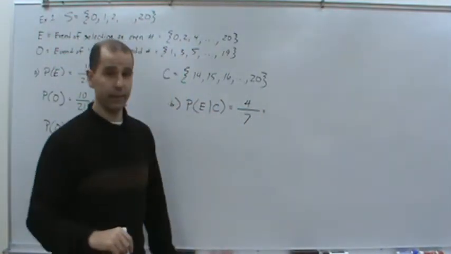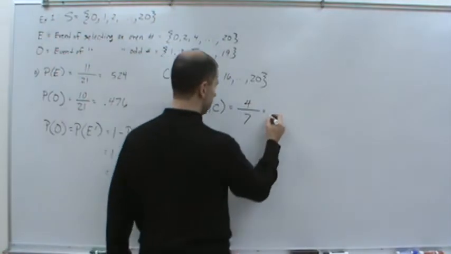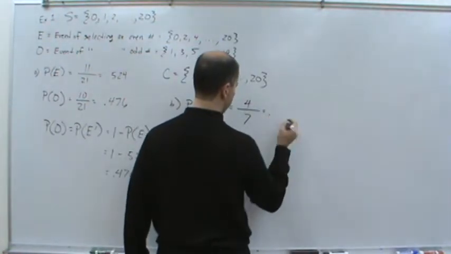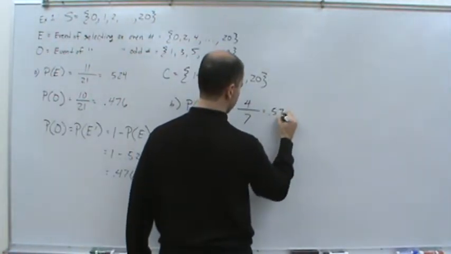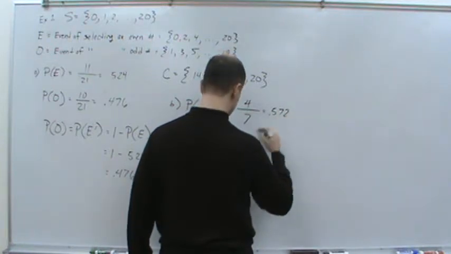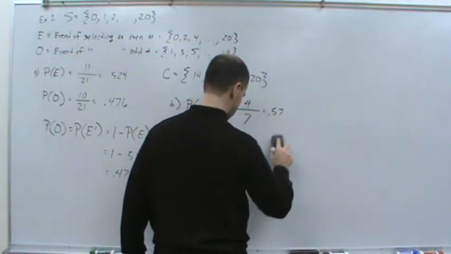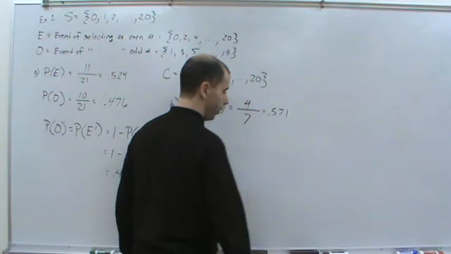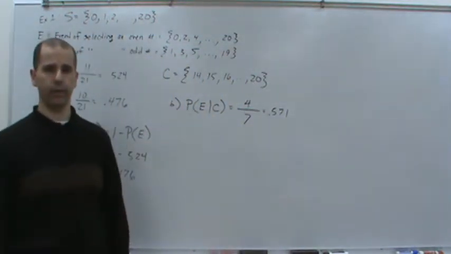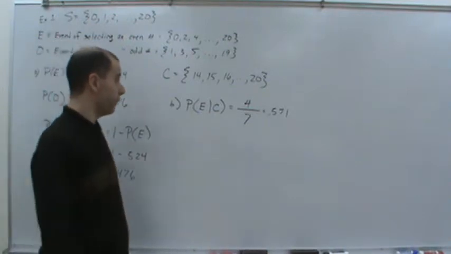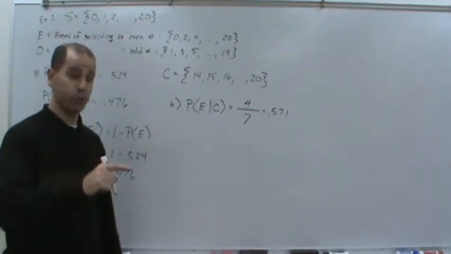So the probability is going to be 0.571. Okay? Does that make sense? I hope it does. But let's use the formula and prove it.